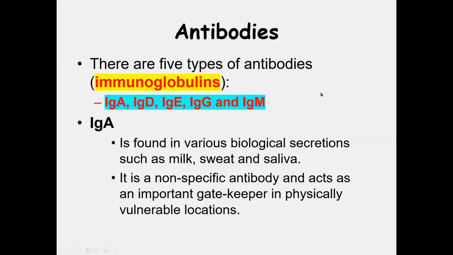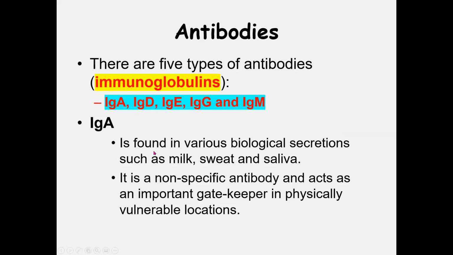Now, there are 5 types of antibodies that we produce. This is complex. I won't dwell on it too much, but you should realize that not all antibodies are the same. They're called immunoglobulins, or globulin proteins. So the immunoglobulins, the Ig, so we've got the IgA, D, E, G, and M. And they all do something different.